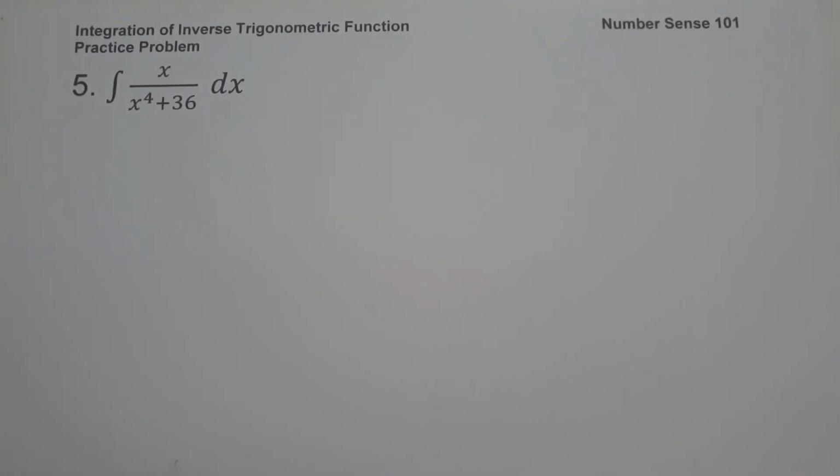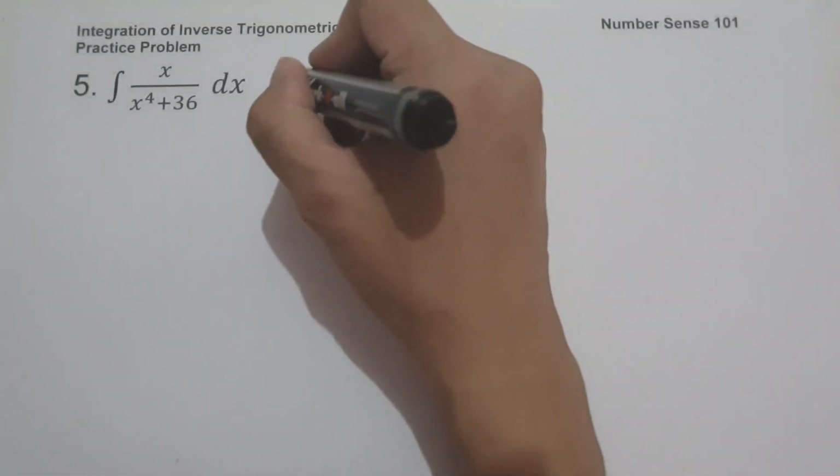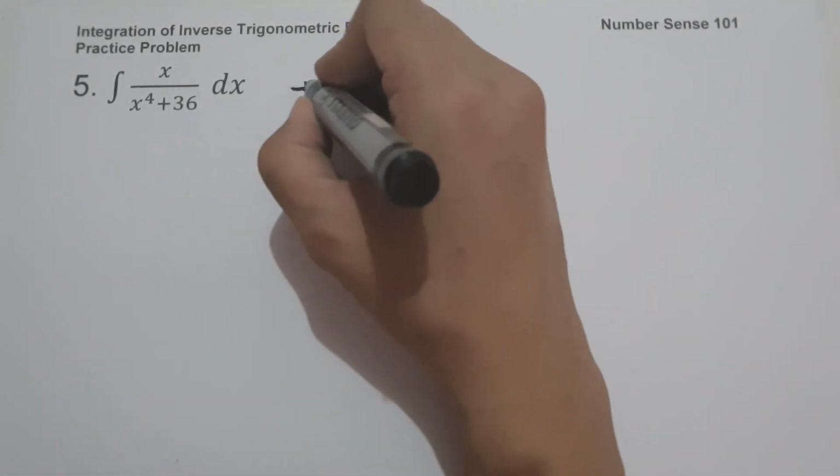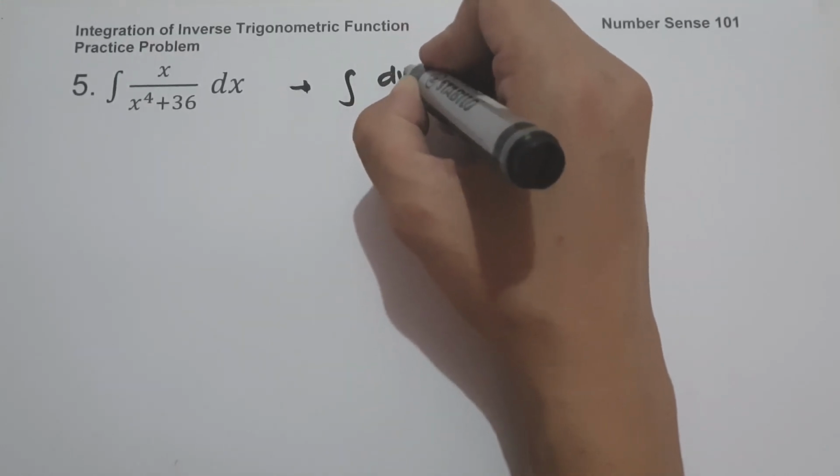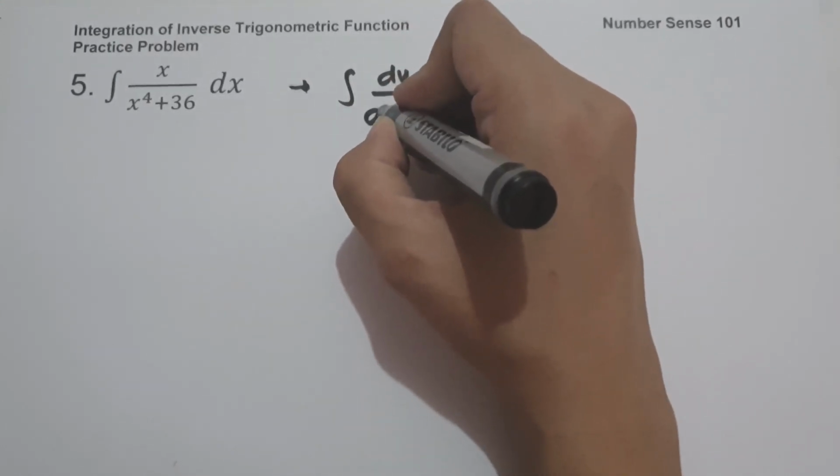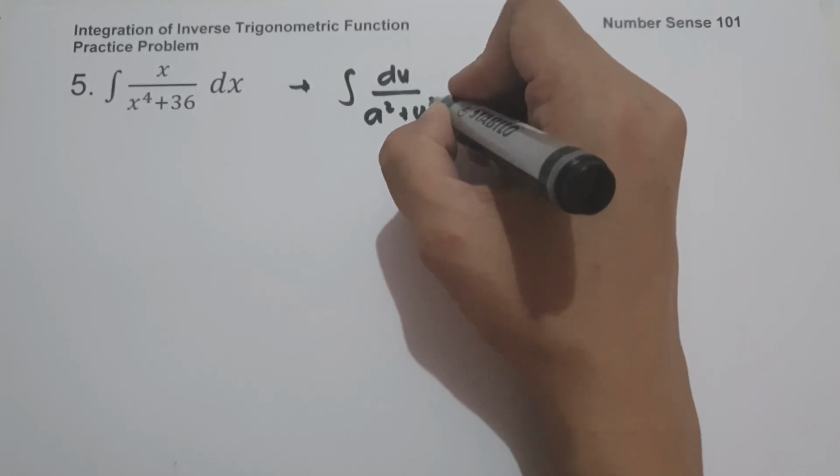On example number 5, what is the antiderivative of x over x raised to 4 plus 36 dx? So the given expression is written in the form of the antiderivative of du over a squared plus u squared.